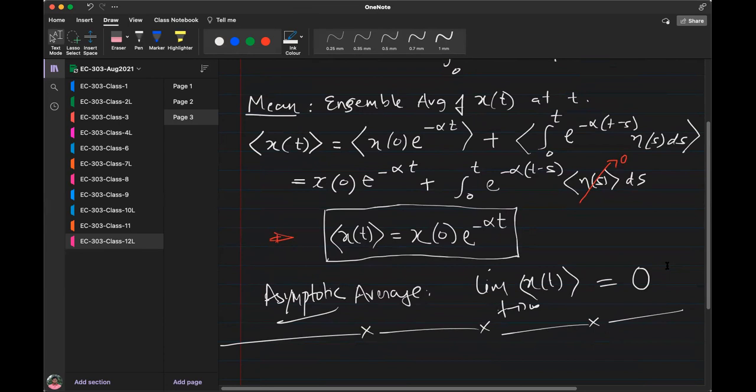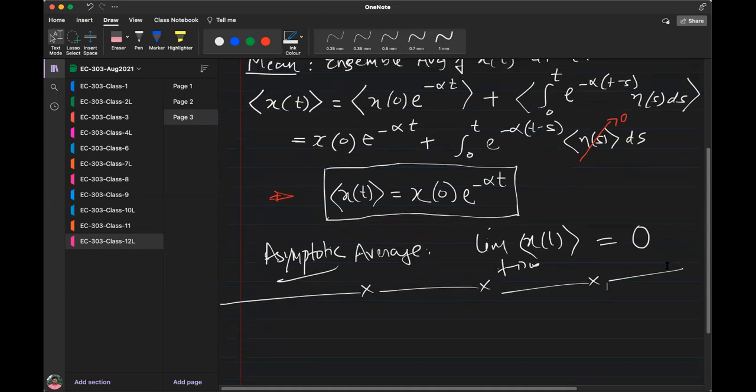There's nothing very surprising here; it makes intuitive sense. And again, take the limit alpha goes to 0. If alpha goes to 0, x of t would be the same as x of 0. Remember, alpha equal to 0 corresponds to Brownian motion, and we know the mean value of the location at time t is the same as the original location. So the average of xt equal to x0 again makes sense.